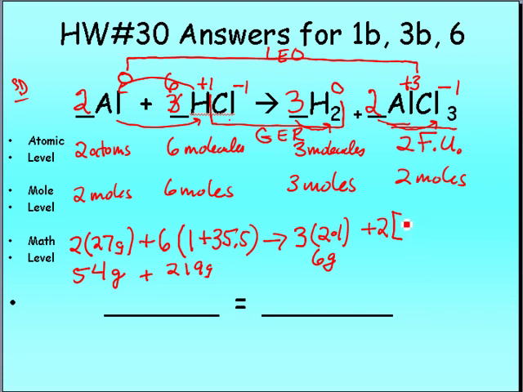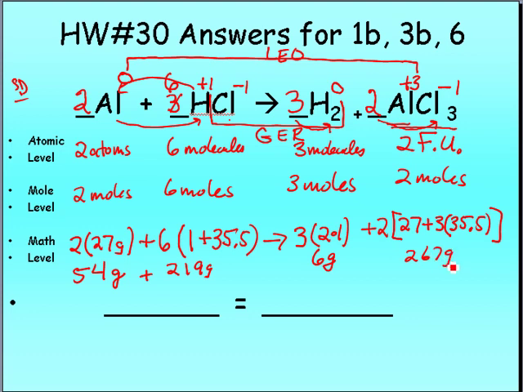AlCl3. Aluminum on my periodic table weighs 27, plus 3 chlorines. Chlorine is 35.5, so it's 3 times 35.5. Okay. I take these, I multiply by 3, then I add on 27 and multiply by 2, and I get 267 grams.